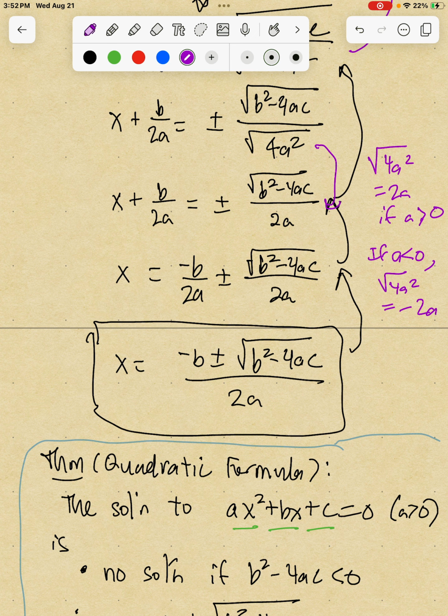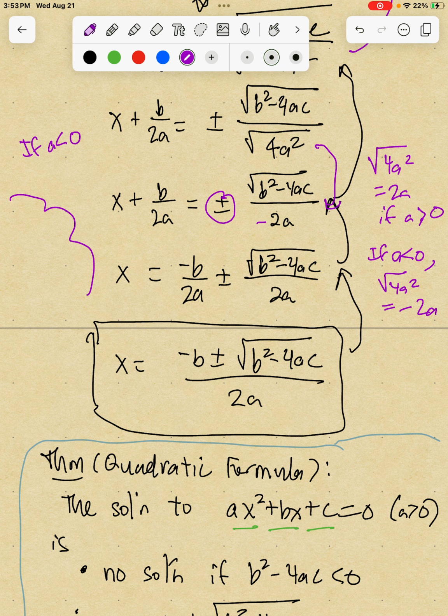But if you think about it, if a is negative, the only difference is that the square root of 4a squared is going to be negative 2a. Now, if you have plus or minus something over negative something, let's look at an example.